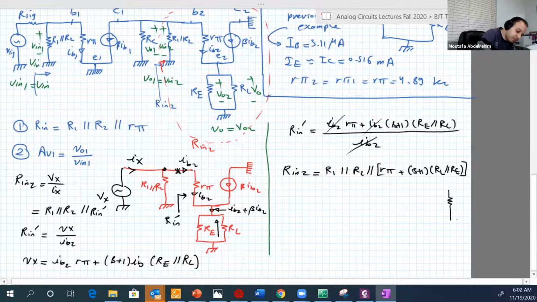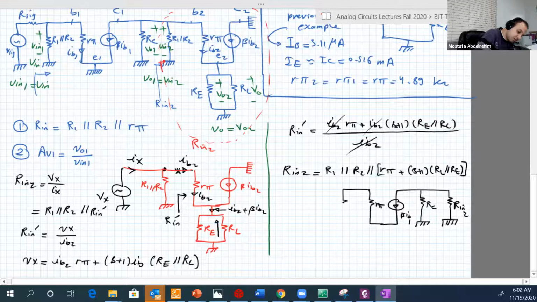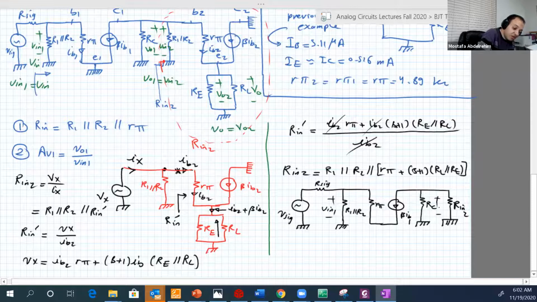Here is R input 2, which we already calculated, RC, beta IB1, R pi, R1 parallel R2, V signal, R signal, and here is V input 1, and here is VO1.